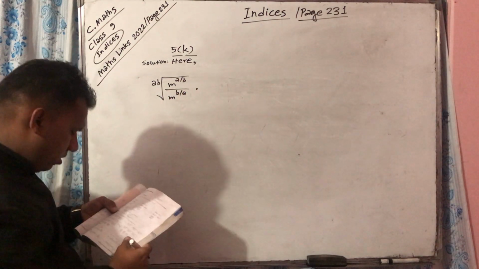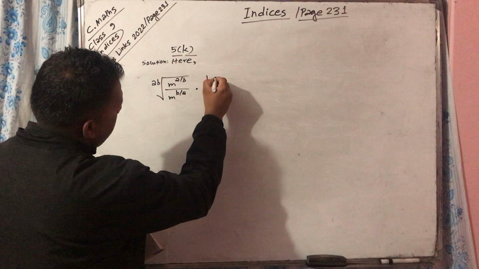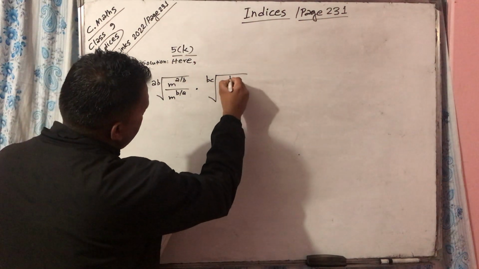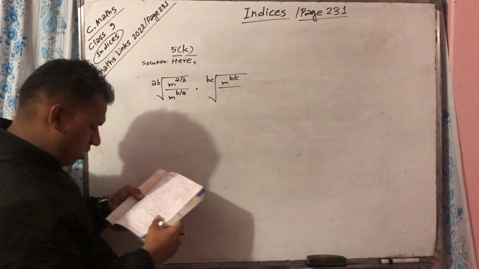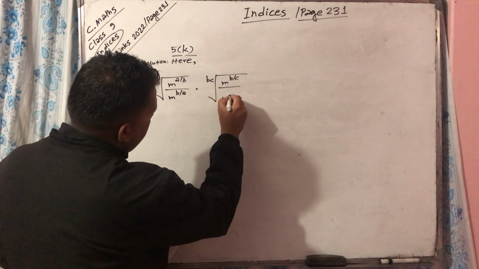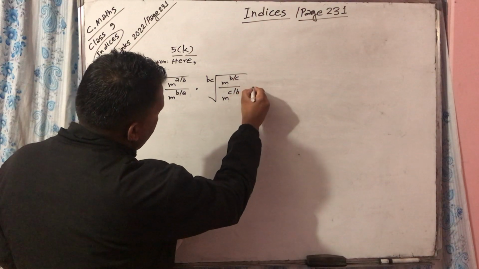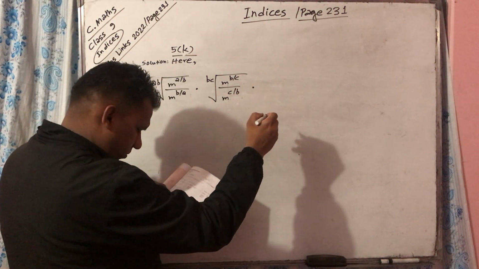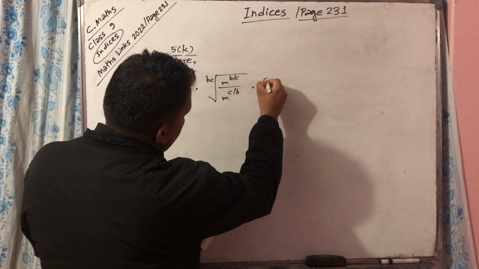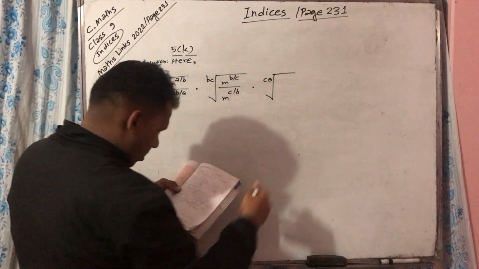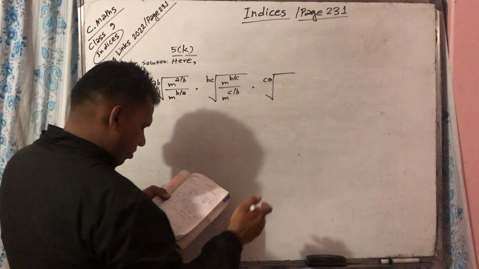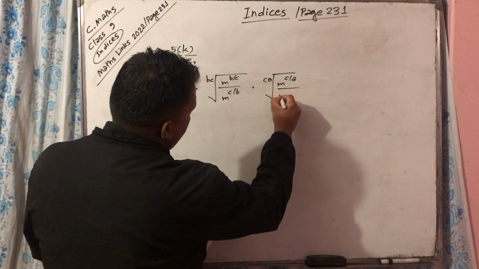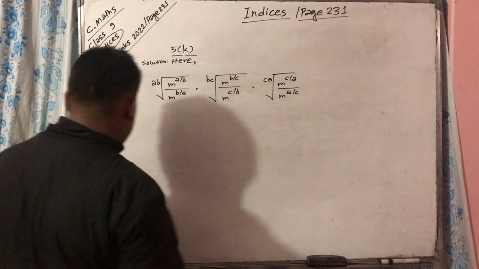Multiply with bc root m to the power b by c upon m to the power c by b. Multiply with ca root m to the power c by a upon m to the power a by c.